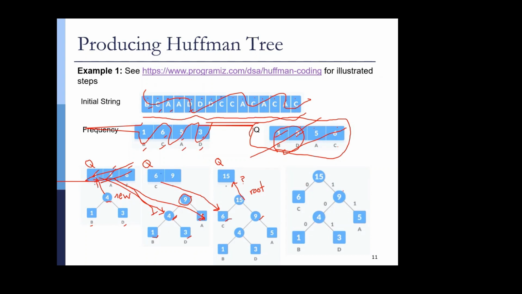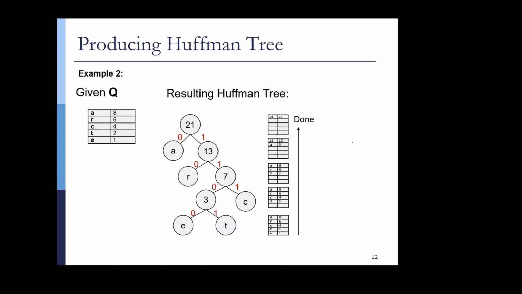All right. Let's look at another example. Okay, let's look at another example. Now, given a priority queue, okay, this one we already skipped many steps. Instead of using the initial string, I straight away give you the priority queue, whereby the characters' frequency has been sorted from smallest to biggest.